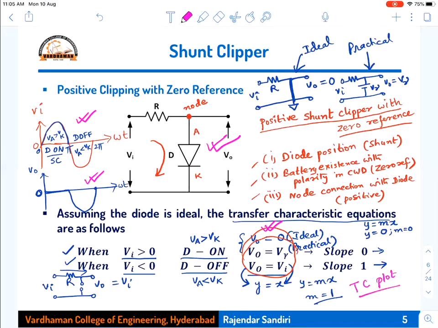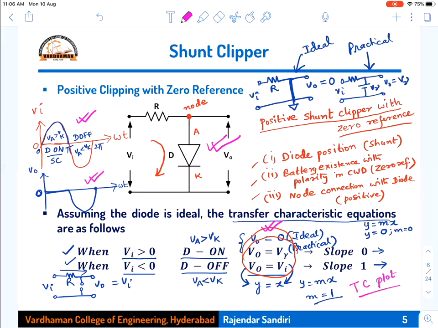So these four things are very, very important for each and every clipper: circuit diagram, input output waveforms, transfer characteristic equations, then transfer characteristic plot. Four things we have to draw for each and every clipper circuit. Now for this positive shunt clipper with zero reference, we have drawn the circuit diagram, the input output waveforms, and the characteristic equation, and also the transfer characteristic plot.